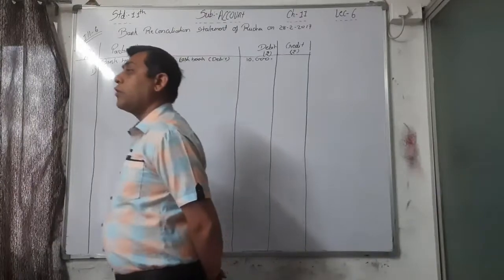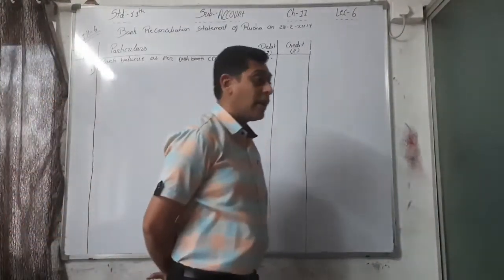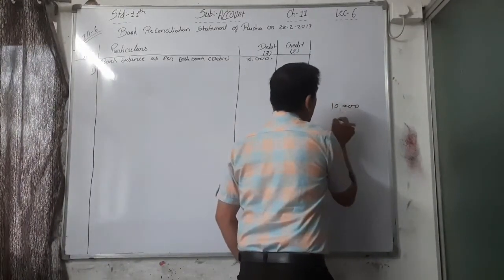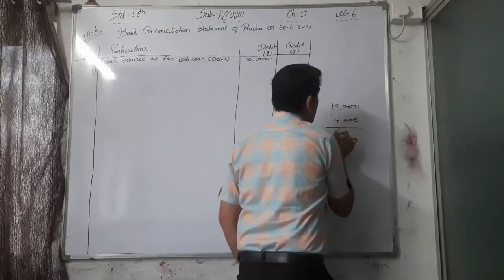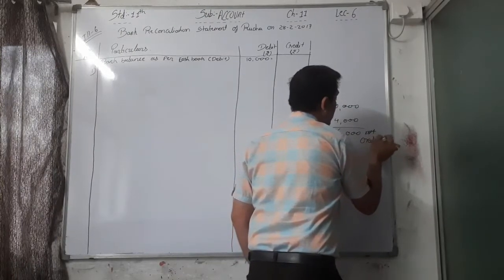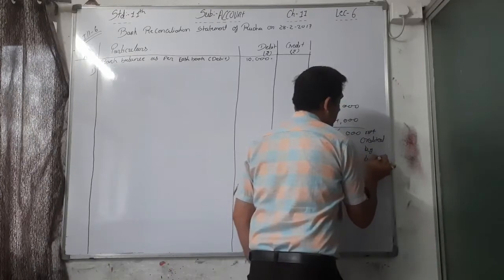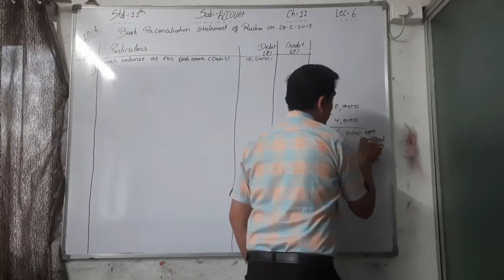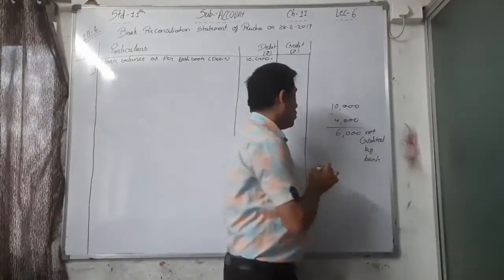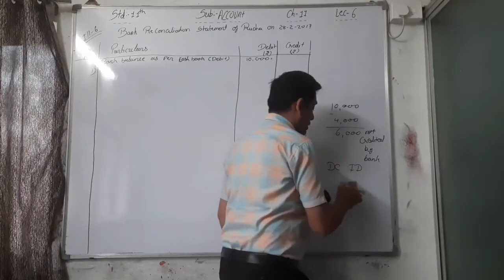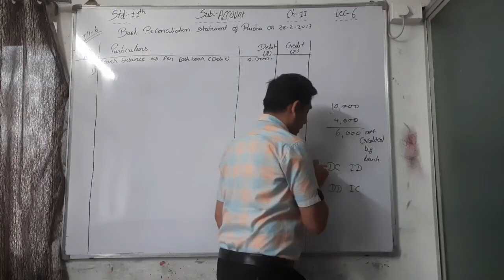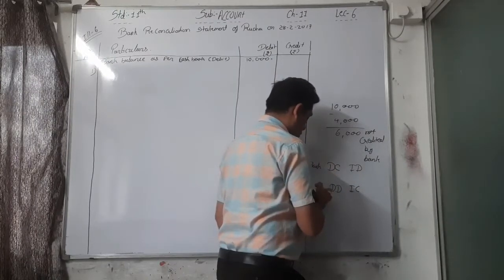We deposited 10,000 but the bank credited only 4,000, so 6,000 is not credited by the bank. Here we apply the rule: DCID is for the bank and DDIC is for the cash book.